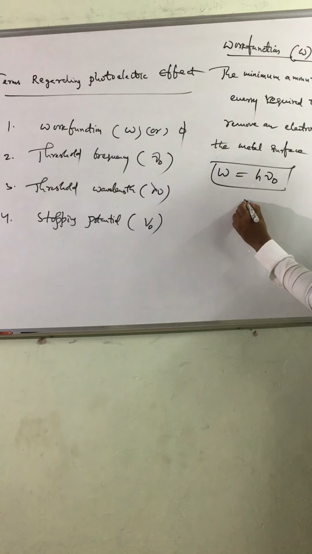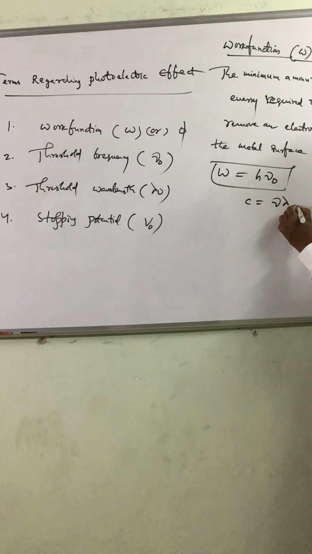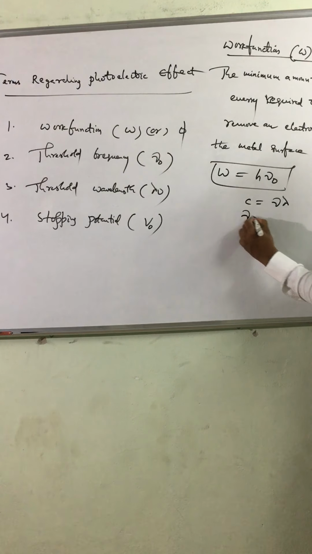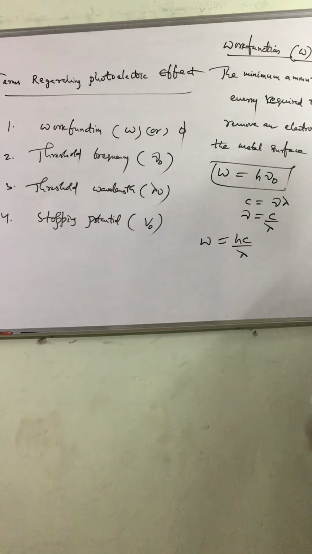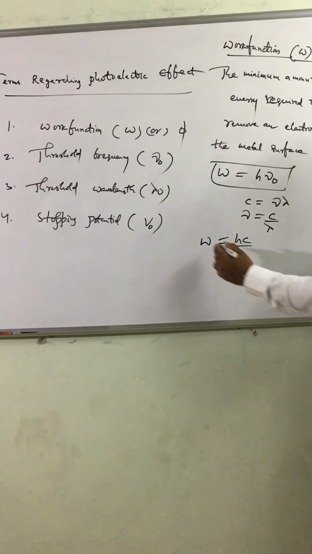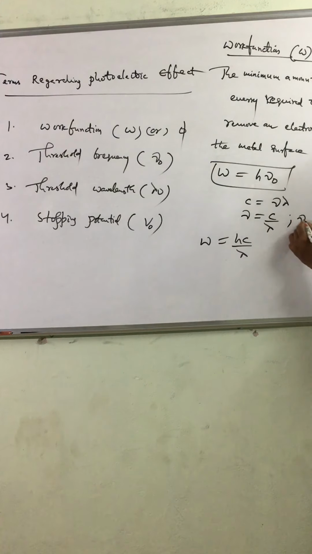As we know that c is equal to nu lambda, nu is equal to c by lambda. So W is equal to hc by lambda, right? And nu naught is equal to c by lambda naught. So W is equal to hc by lambda naught.